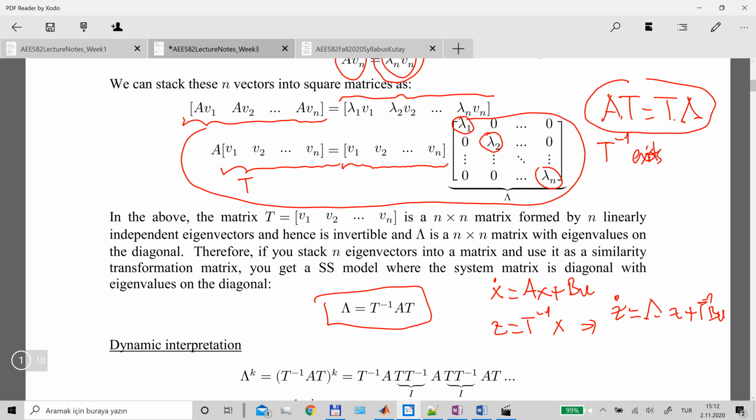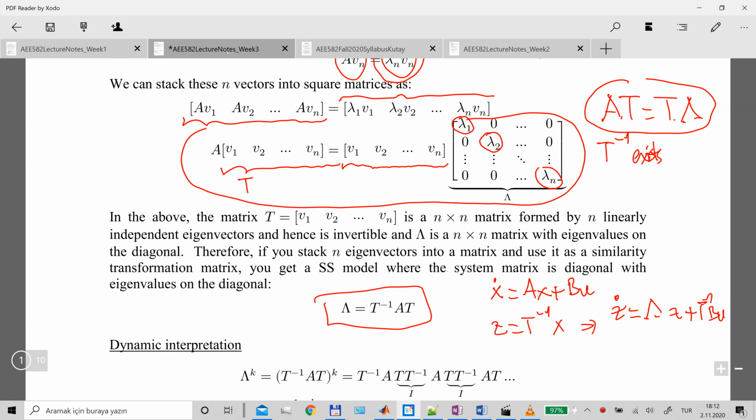So in other words, you obtained a state space representation of the system where the system matrix is a diagonal matrix. And this has an important dynamic interpretation, and now let's talk about that.